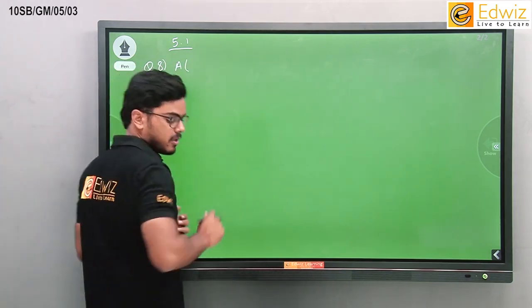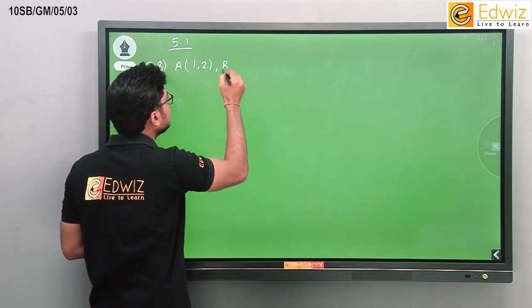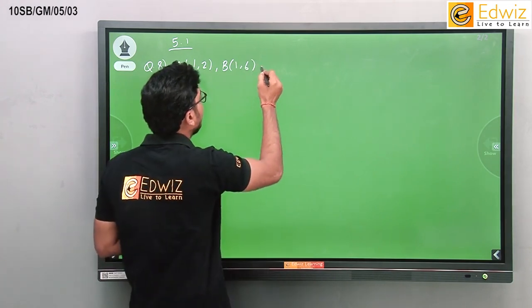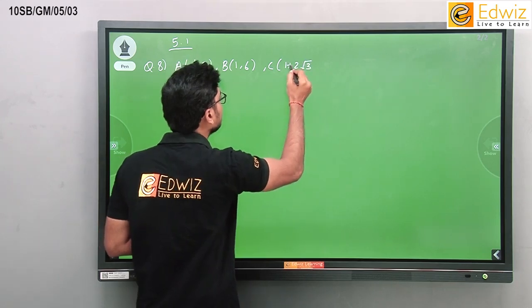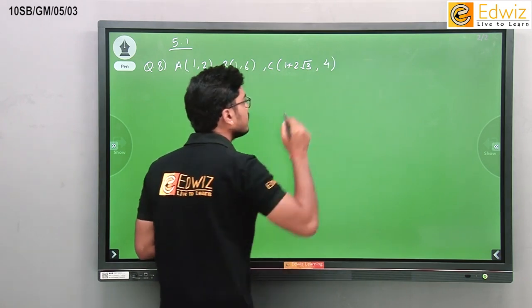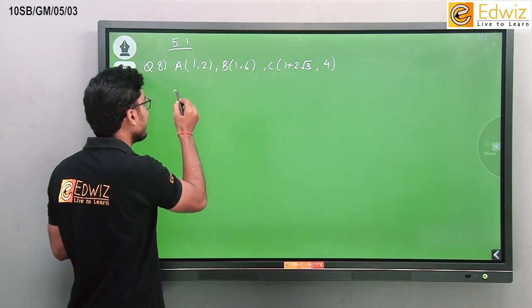Point A is given in the question, that is 1,2. Point B is also given in the question, that is 1,6. And point C is 1 plus 2 root 3, 4. These 3 are the points given in the question. So first we will find out distance AB.